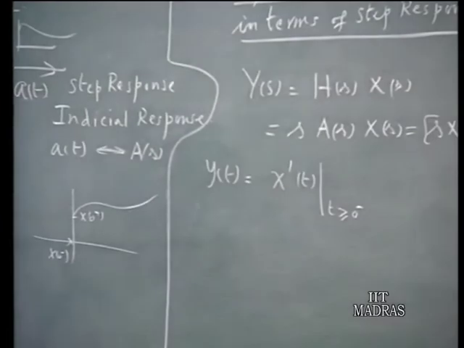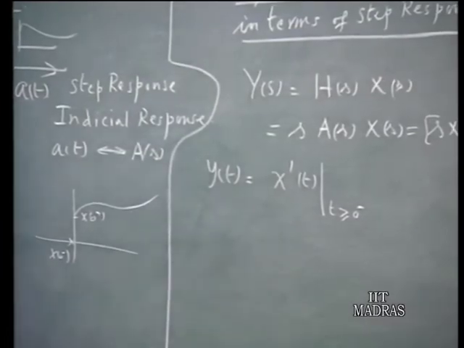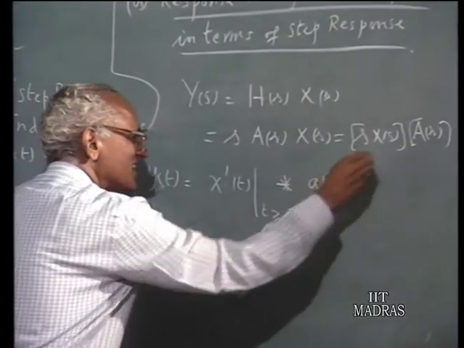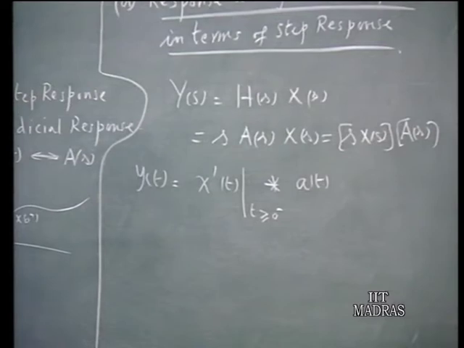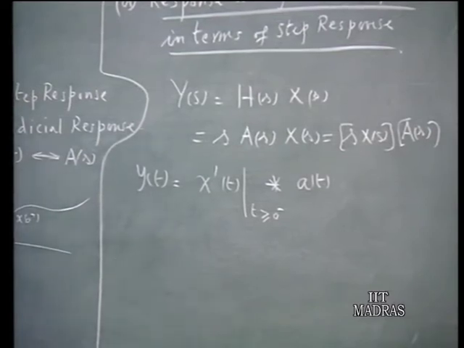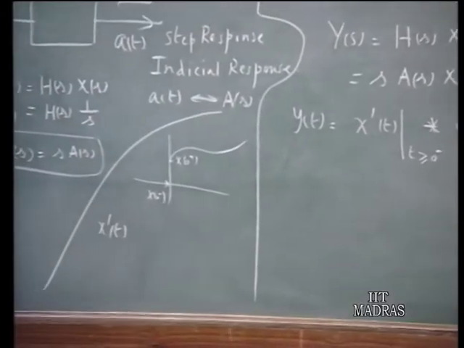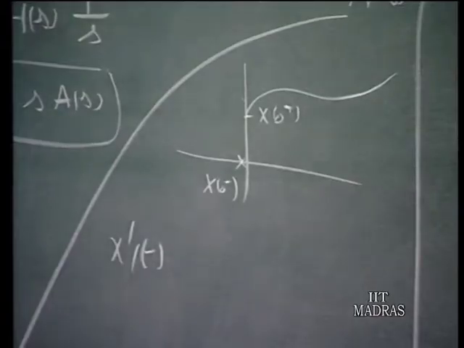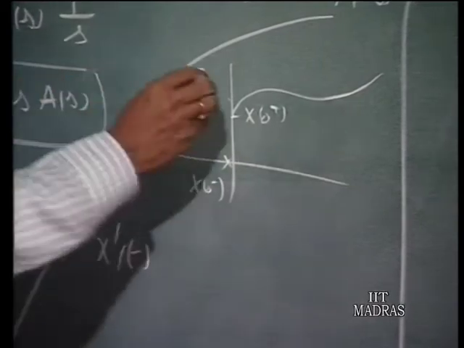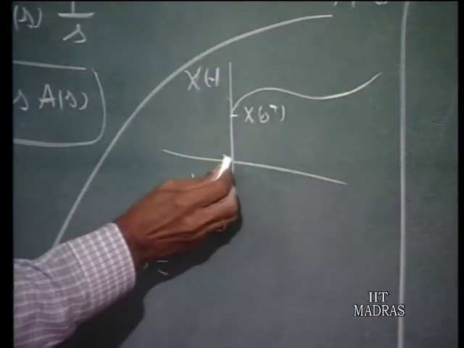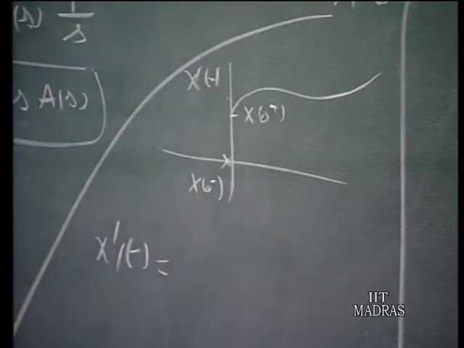That is the meaning of this. X prime t considered from t equals 0 minus onwards, convolved with a of t, which is the inverse Laplace transform of that. Now you note that x prime t, if this is the variation of x of t, can be written as, in the jump, x 0 minus is 0 because we always talk about causal inputs.